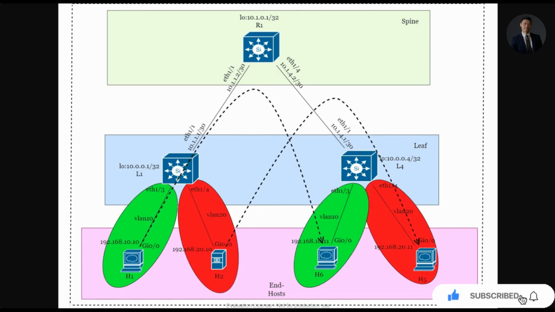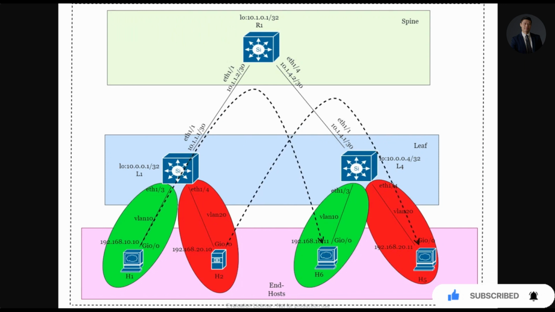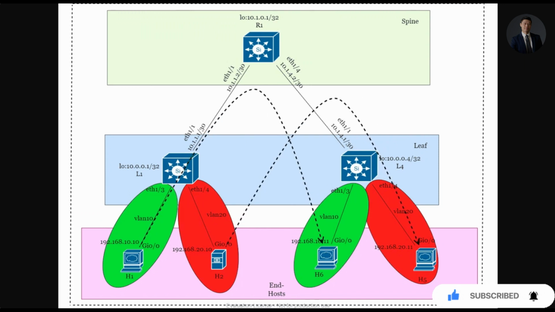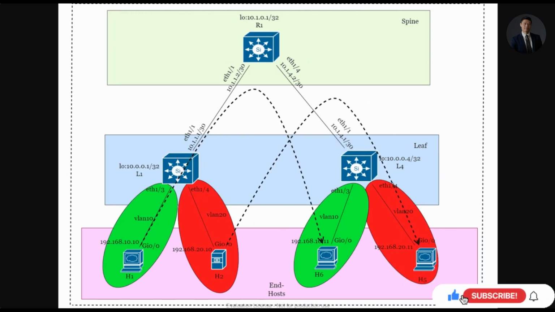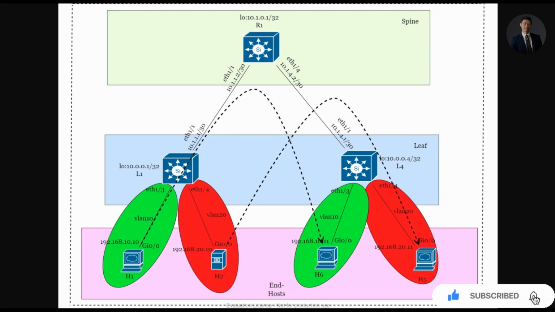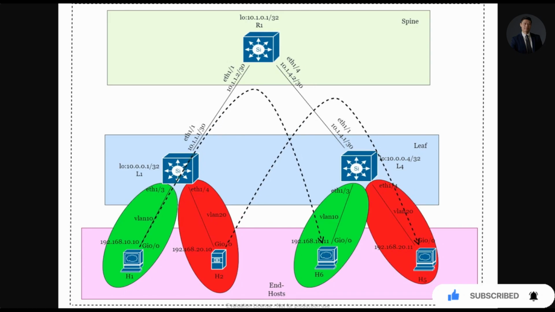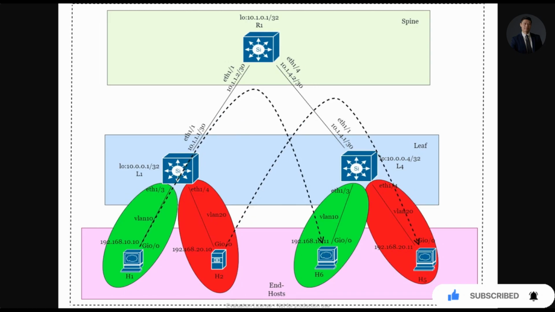All the links between Spine 1 and Leaf 1 and 4 are layer 3 links. We need to deploy unicast configuration and multicast configuration to start with. The objective of the unicast configuration is simply to set up IP reachability among all spine and leaf nodes in the network.